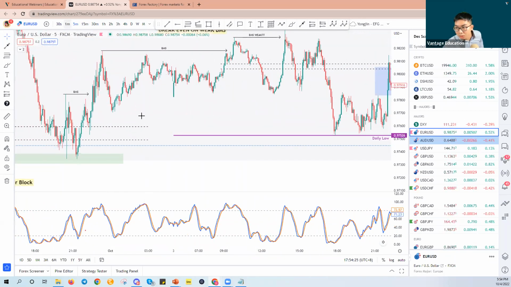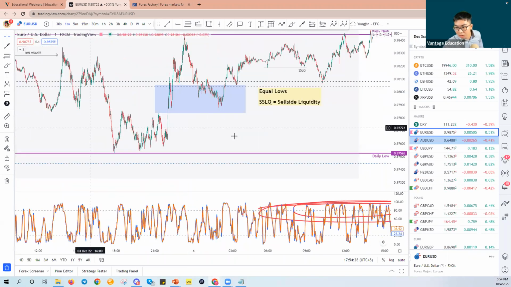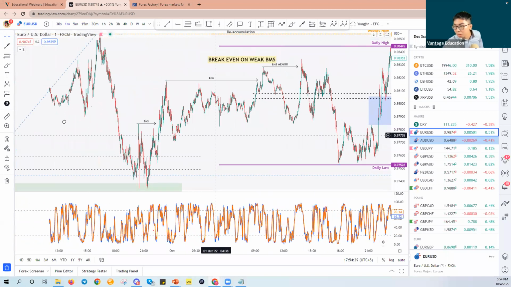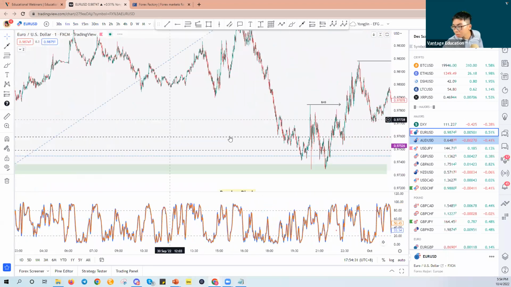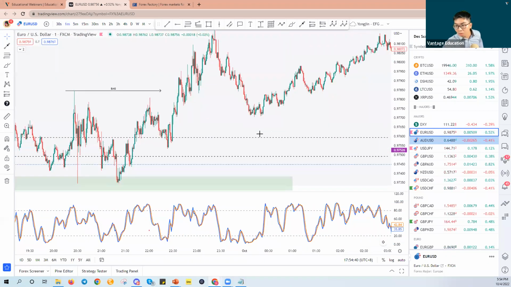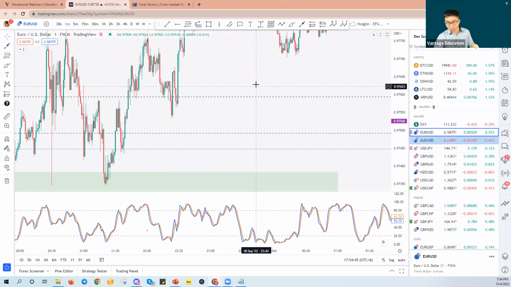Here on the 1 minute. I'm usually also on the 1 minute chart if I'm looking for an entry. Okay, let's look. Price hit here, 0.97529. Okay, what do we have here?